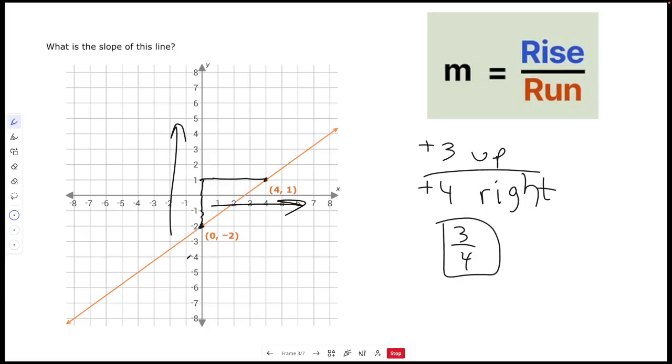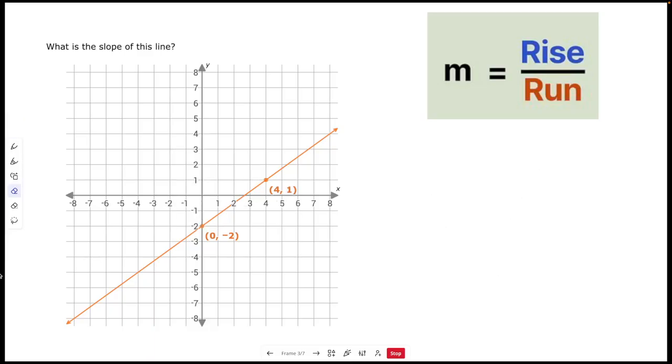Now, there is another way to do this, and let's look at this real quick. Now we've cleared our board. What if you had decided to start from the 4, 1 and count that way? So you would have gone 1, 2, 3 down, so 3 down, and you would have gone 1, 2, 3, 4 to the left.